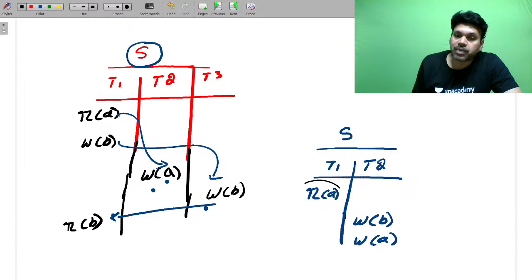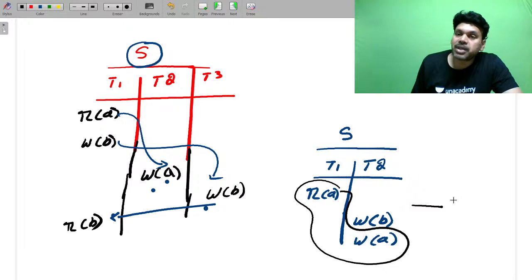It is nothing but RA with a WA, which is nothing but an unrepeatable read. It is an unrepeatable read conflict. It's nothing but an incorrect summary. So what conflict is it? It is an incorrect summary, also called unrepeatable read.